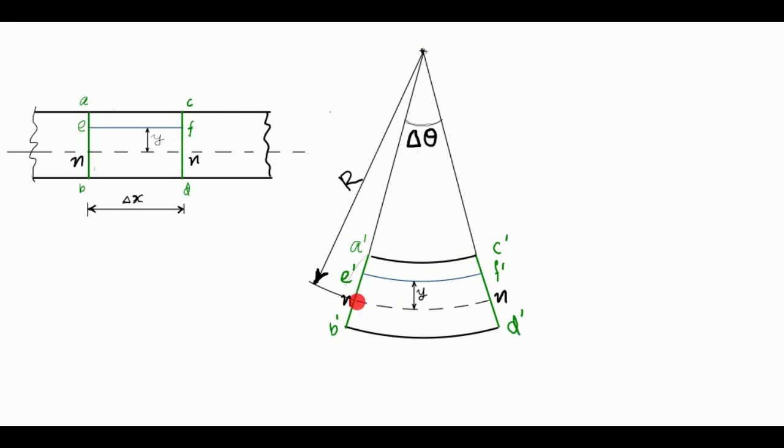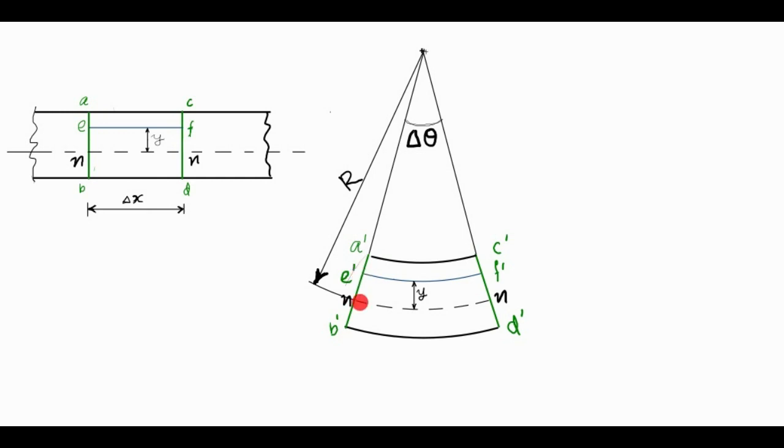So what will happen to each element? Here BD, having length delta x, is deformed to B dash D dash. The length will increase. AC will be deformed to A dash C dash, the length will be decreased. And same in the case of EF. EF, having delta x length, becomes E dash F dash.